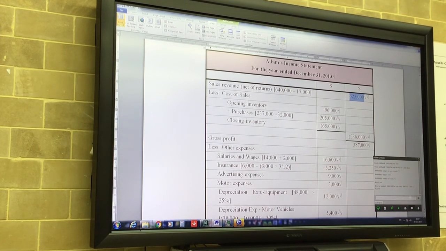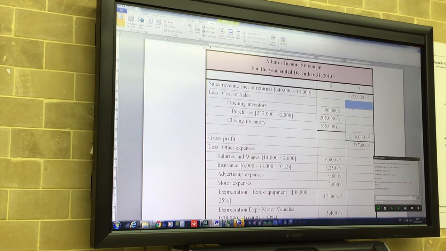From sales minus allowance sales minus return sales minus discount sales. But in our information, we just have return sales. So sales minus return sales, you will find the net sales. Clear? So 623 is clear.